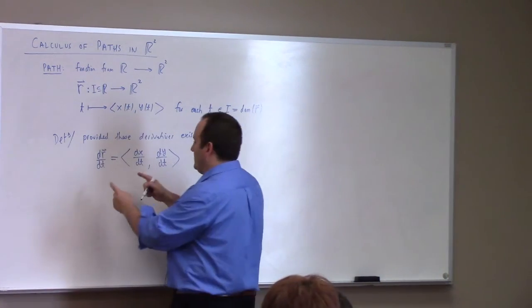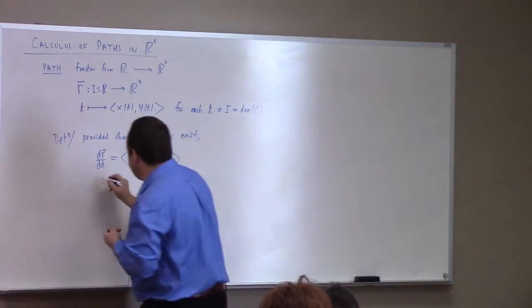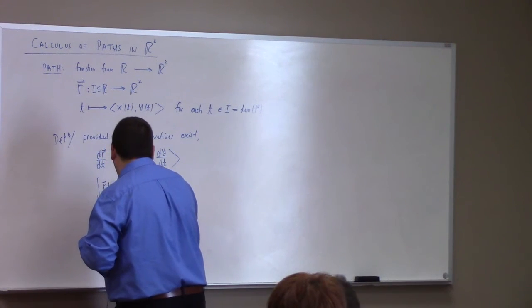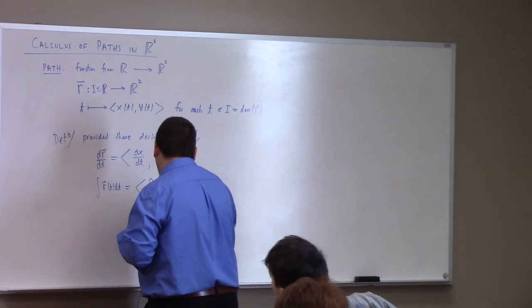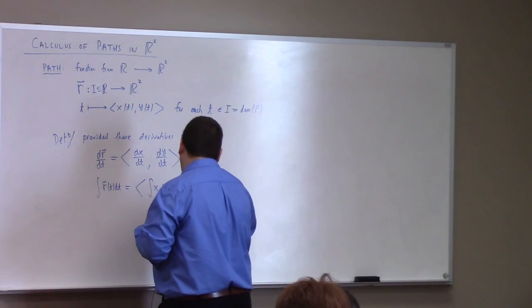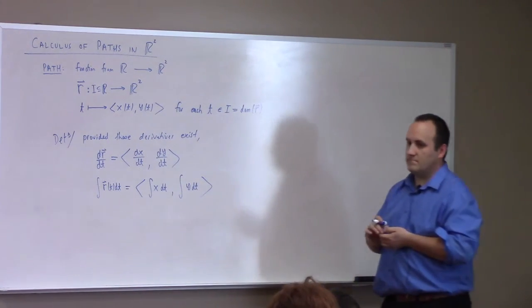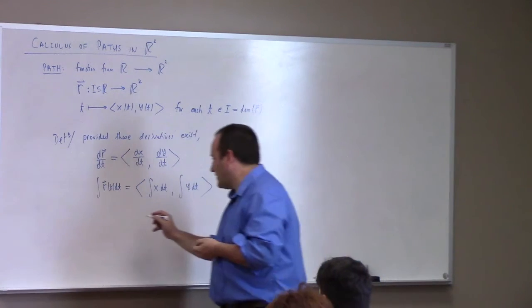To differentiate a path, you differentiate each component separately. Guess how you integrate a path? Same song and dance. In fact, you can also take a second derivative of a path.